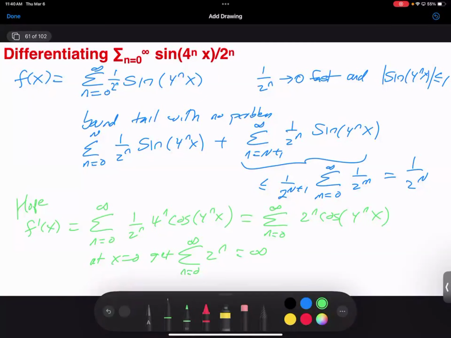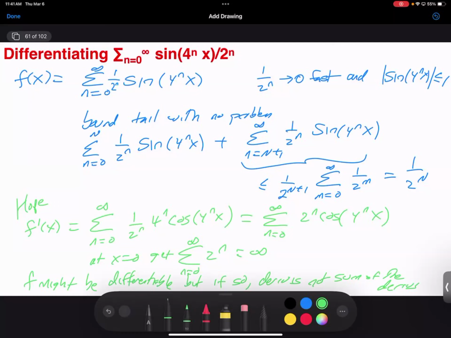Okay, so you have to be very careful. So f might be differentiable, but if so, the derivative is not the sum of the derivatives. Okay, so just something to be very careful about.